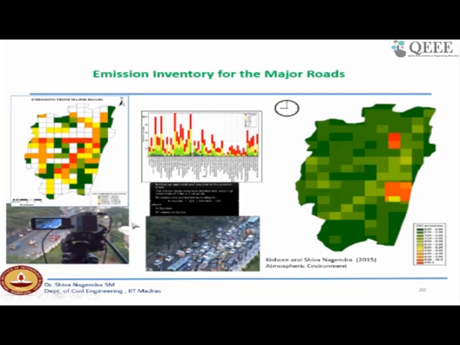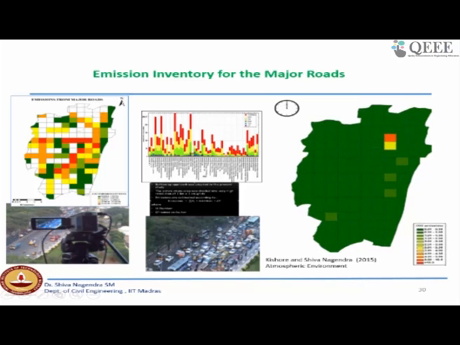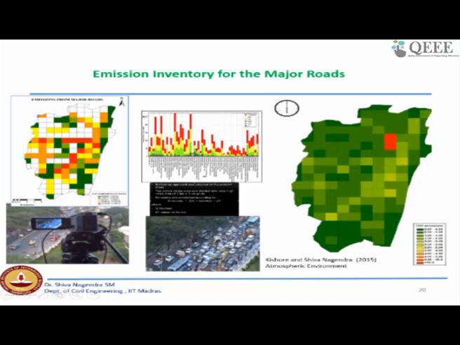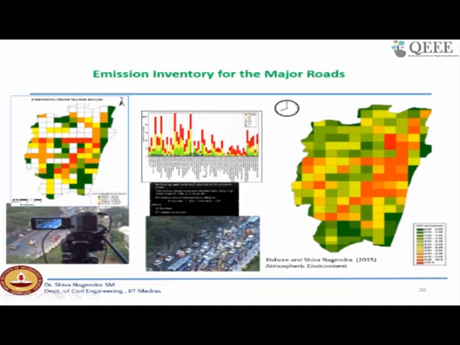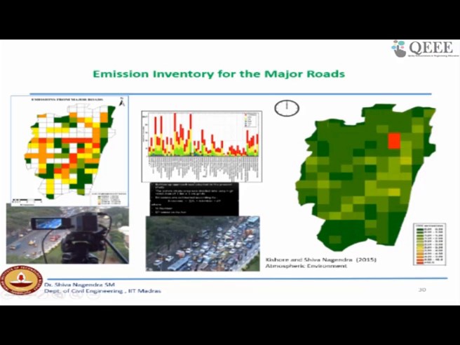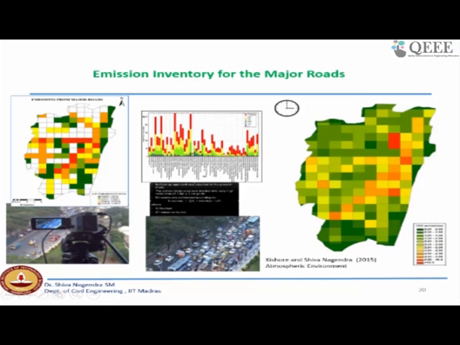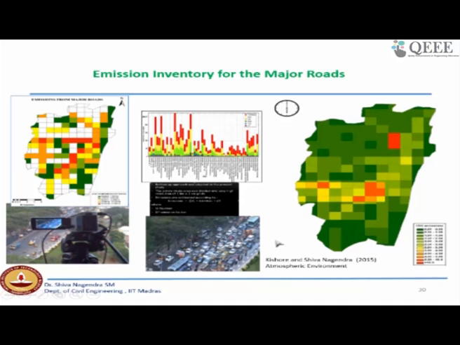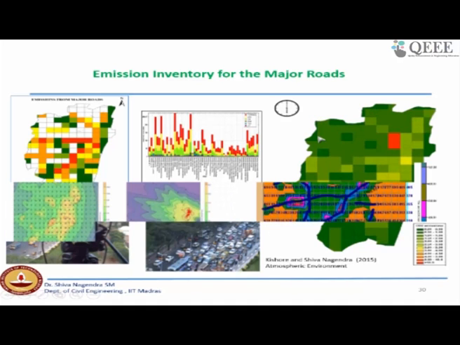Here the activity is the vehicle movement. You have different types of vehicles, of different age groups, so you can use the corresponding emission factors to quantify the emissions contributed by these vehicles. So that information has been integrated into the model.